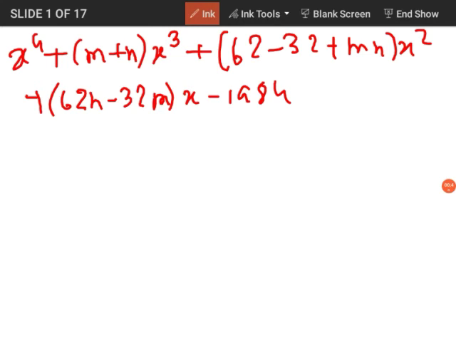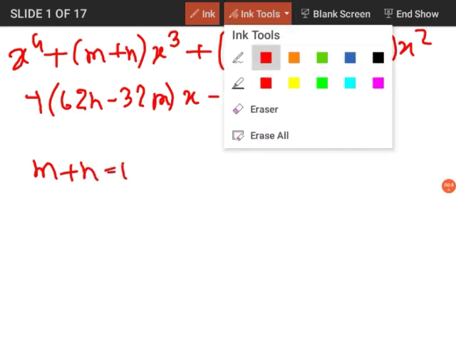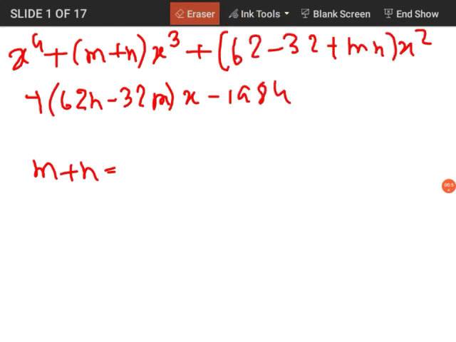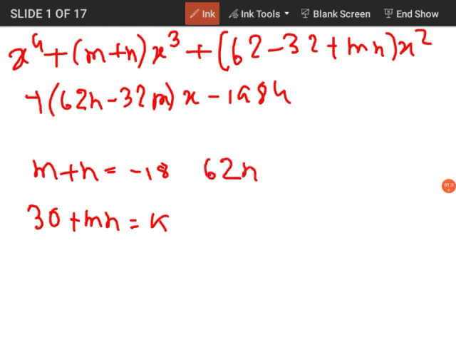Now you will compare the coefficients. The x cube coefficient is m plus n, and in the original equation it was minus 18, correct? And similarly 30 plus mn is equal to k, and 62n minus 32m is equal to 200, right?